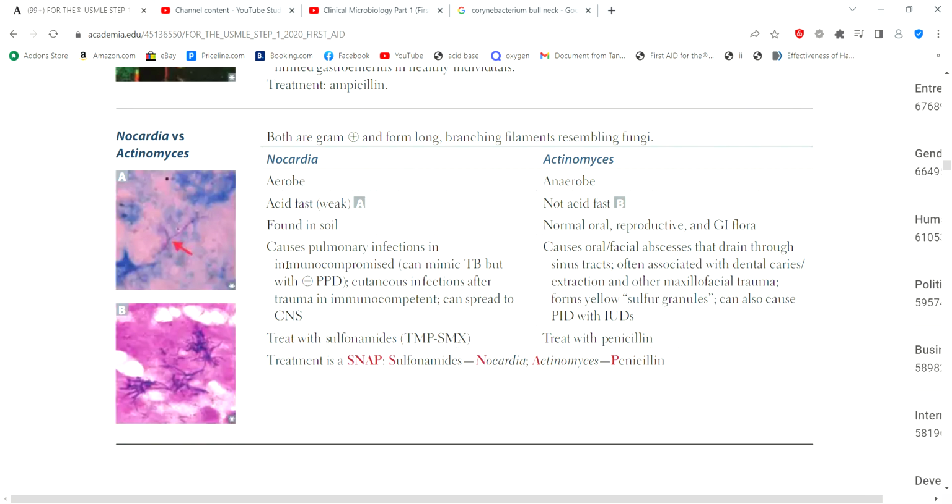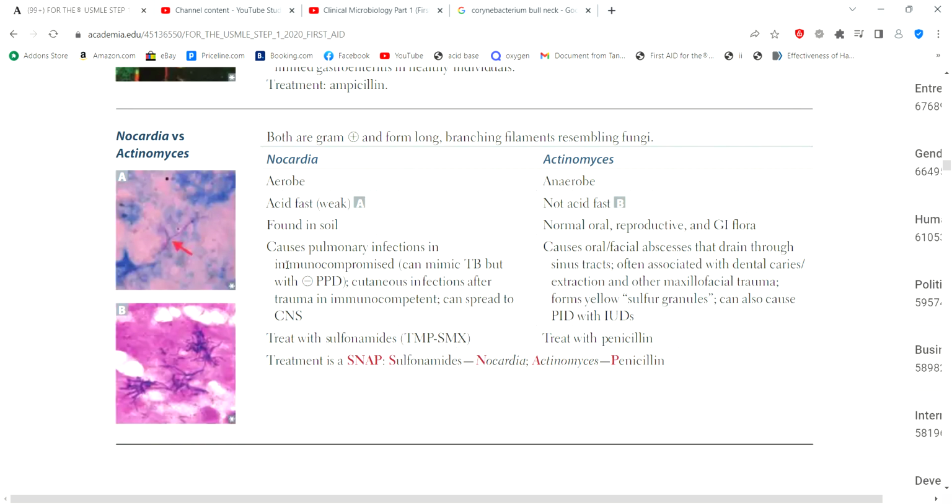They are acid fast due to increased mycolic acid in the cell wall. Nocardia does not form spores. It is found in the soil, but it does not form spores.